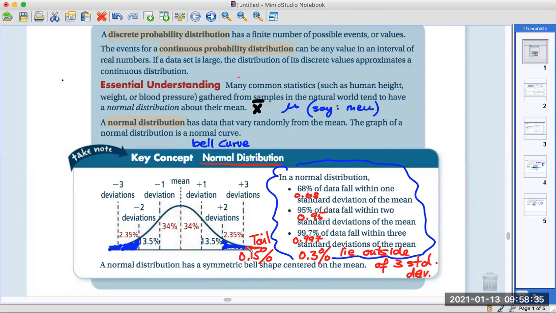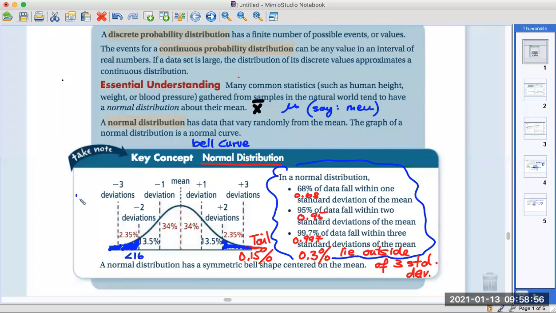That leaves 5% for both tails, right? And because we only want less than 16, that is our cutoff.